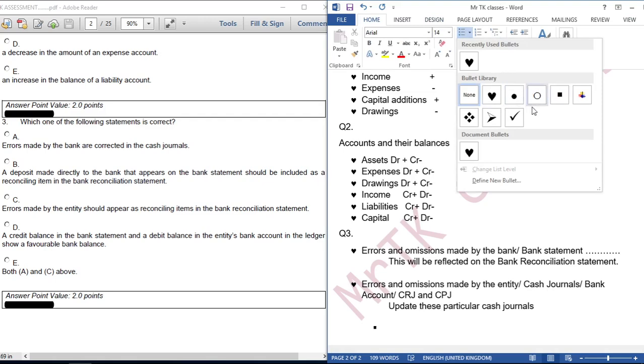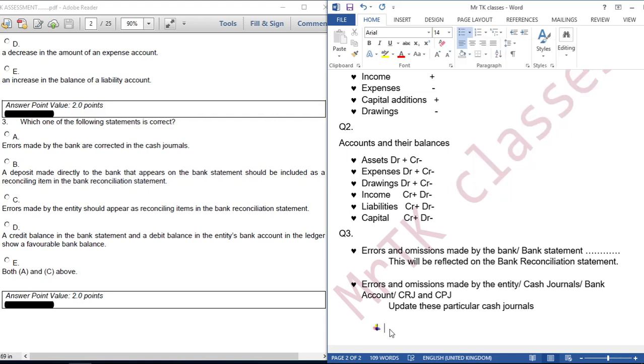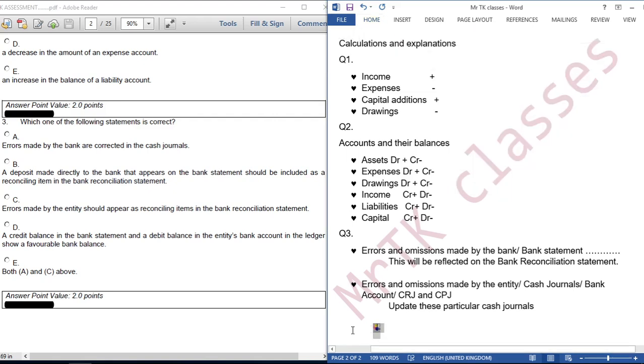For now let me just use this bullet and say bank statement. Okay, let me start with the bank account or cash journals.